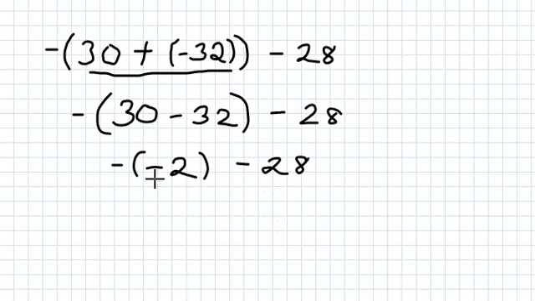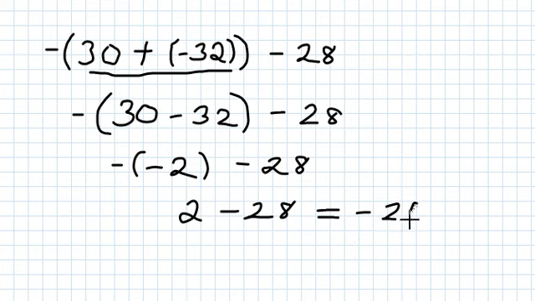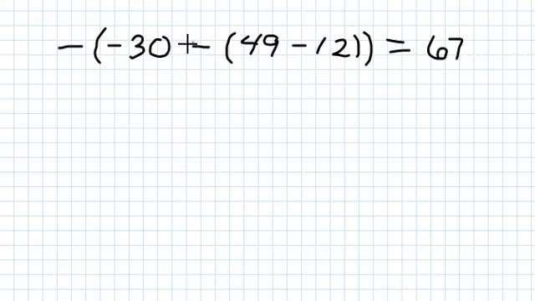And so we have a negative and a negative, so that makes that a positive 2. 2 minus 28, and that is going to be equal to a negative 26. Okay, so we work with what's in parentheses first and then kind of work our way out. Not too bad. Let's look at another one.